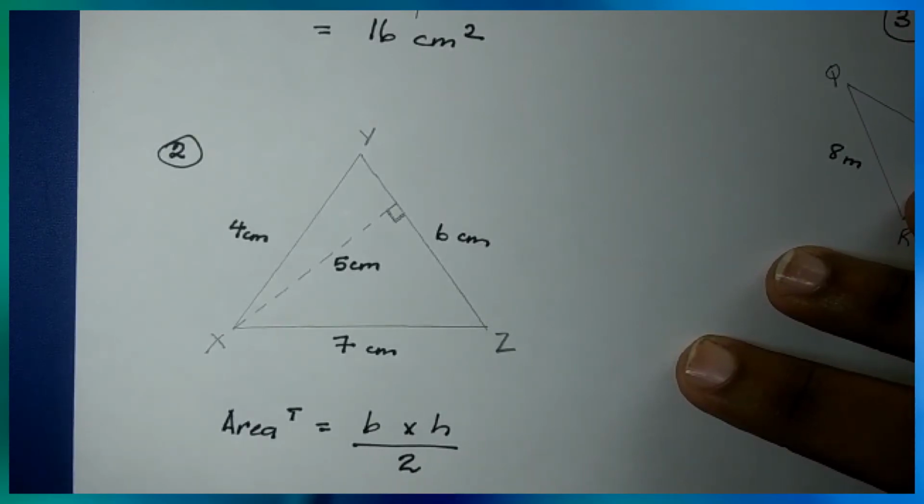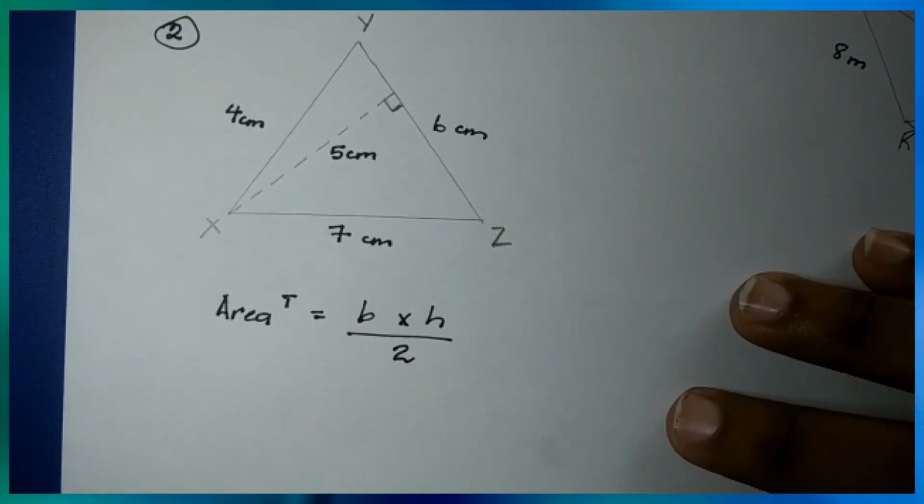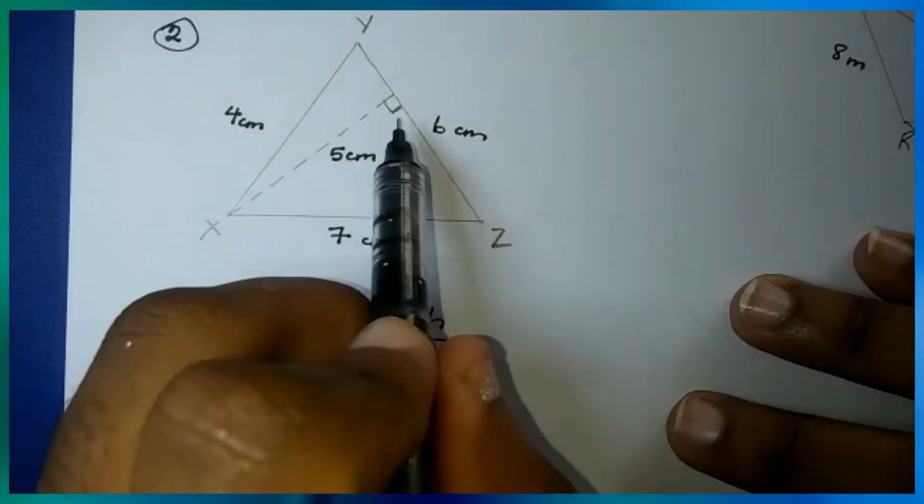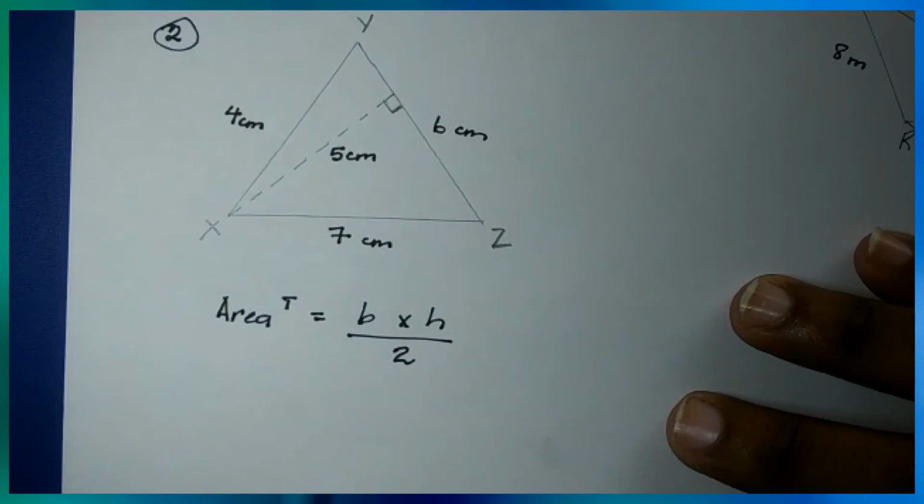That's why we say half base times height. So I now need to identify where's my base and my height. Remember what to look for? If you said the right angle, then you're great. So our right angle is here. And the two lines on the right angle will tell us what our base is and what our height is.